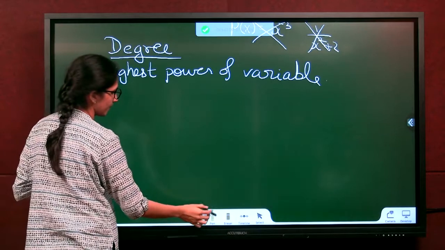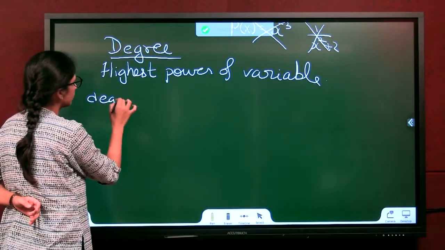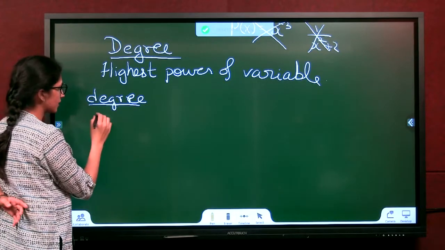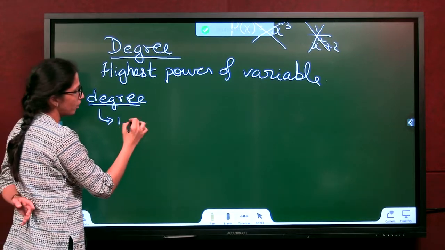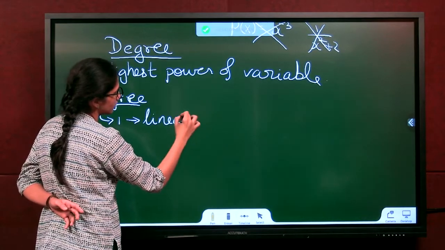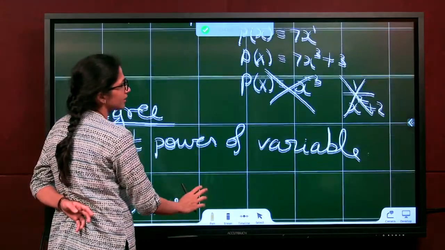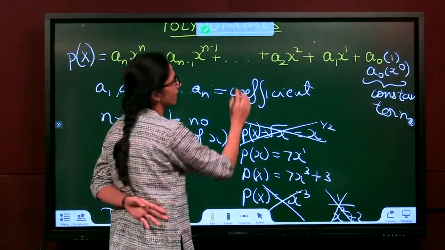Let's see. Depending on the degree of the polynomial, you have a few names given to the polynomials. If the degree is 1, then the polynomial is called a linear polynomial. For example, if degree is 1, meaning, see, in this expression, highest power of x should be 1.